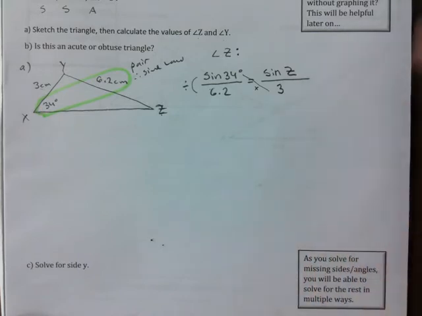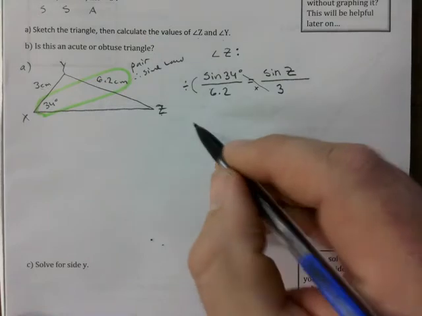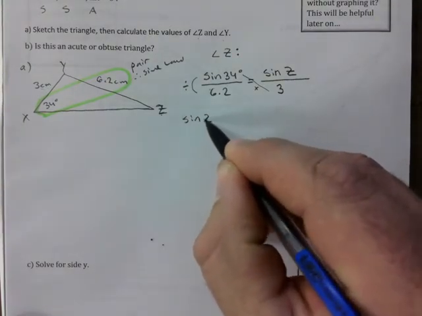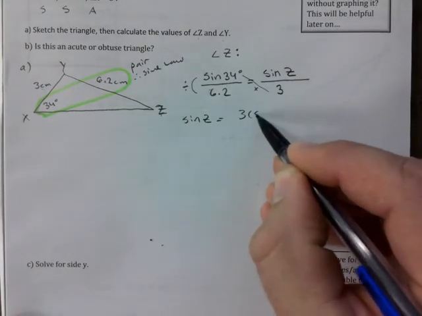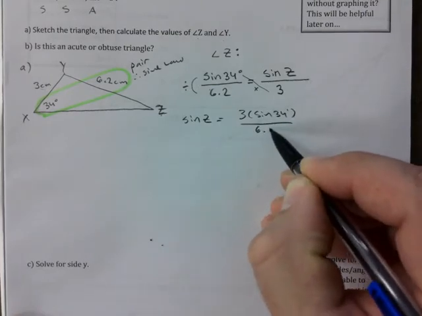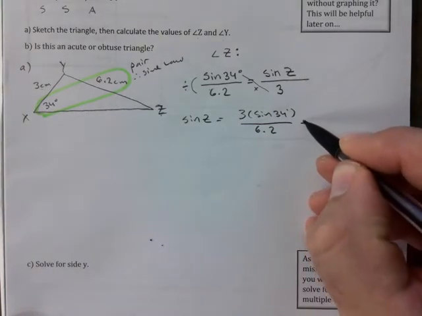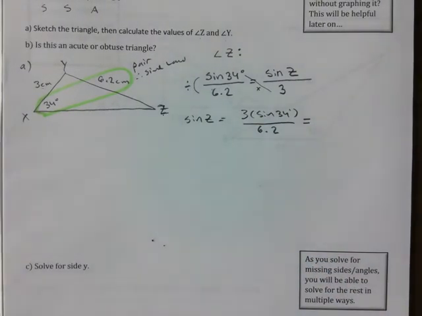Some students just don't like that. It's like, hey, just Z, right? Conveniently. No, it doesn't work that way. So sine of Z is 3 times sine of 34 divided by 6.2. And here I do this. I don't like choo-choo trains like this equals that, equals that, equals that. Don't do that.